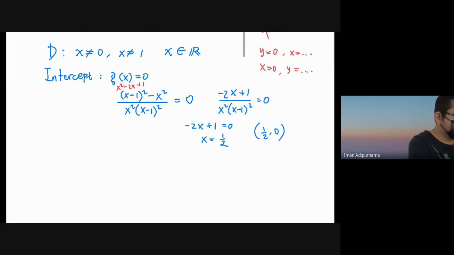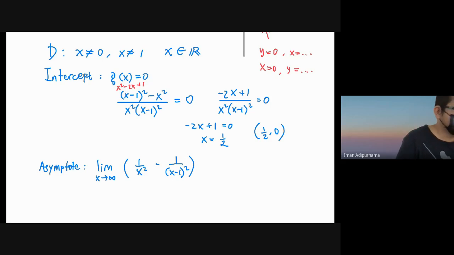And we can check the asymptote. So the limit as x goes to infinity of the function. We can check one by one.